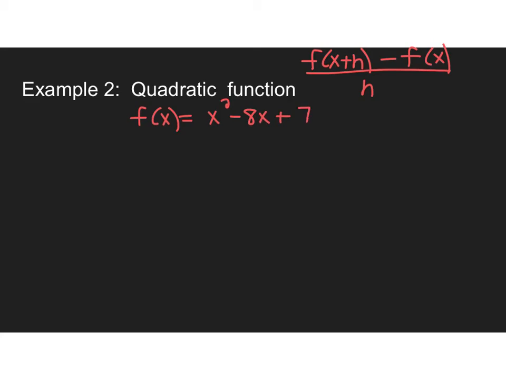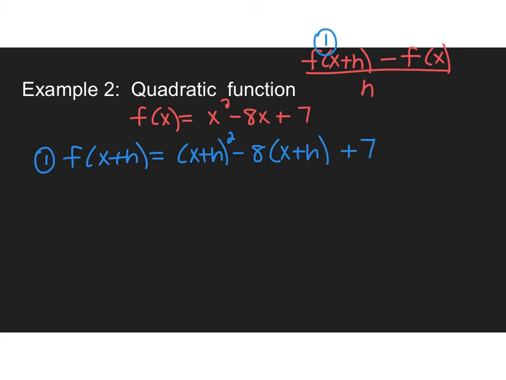So for step 1, again, I need to find f of x plus h. So I'm going to take my original function, and everywhere I see an x, I'm going to replace that or substitute in x plus h.